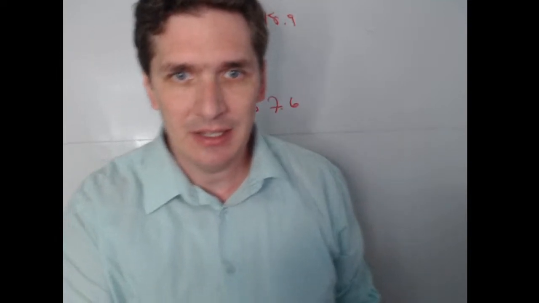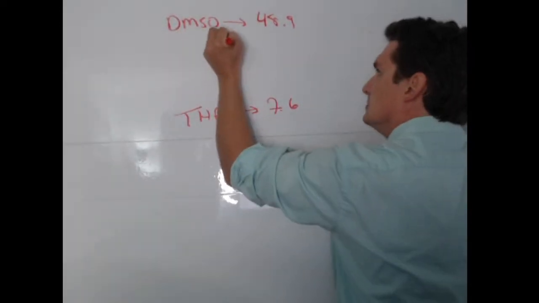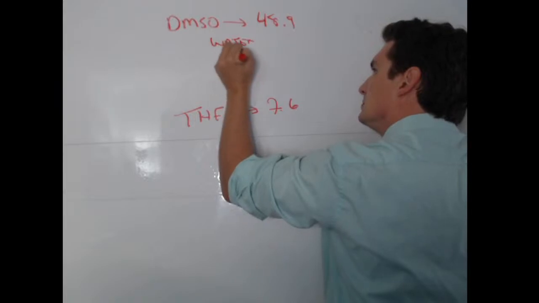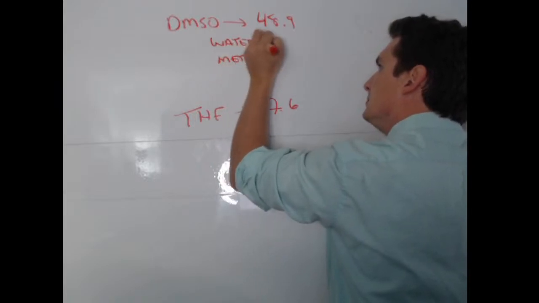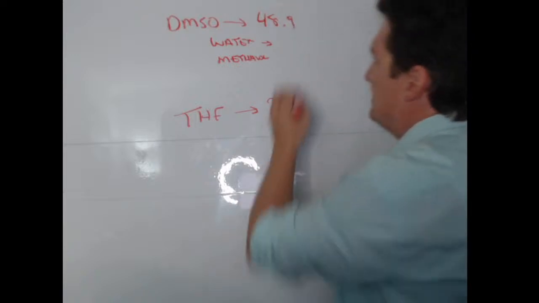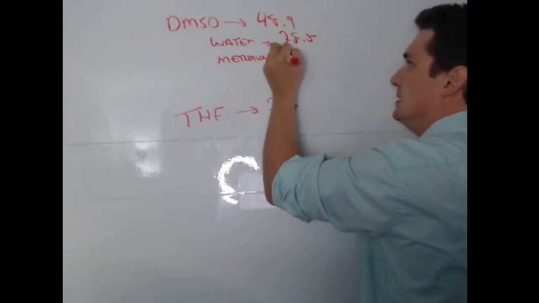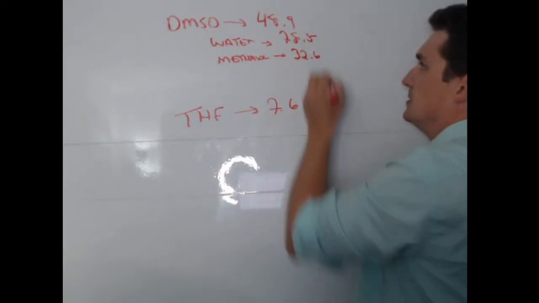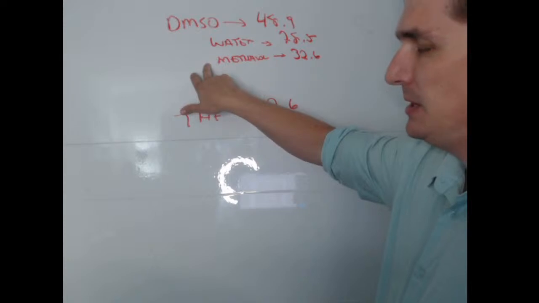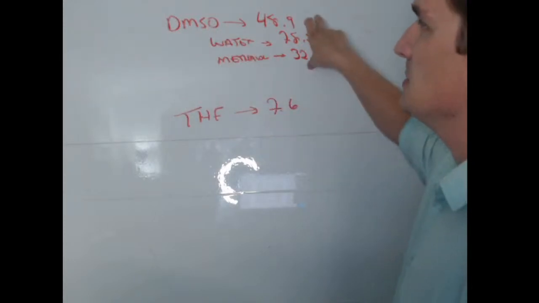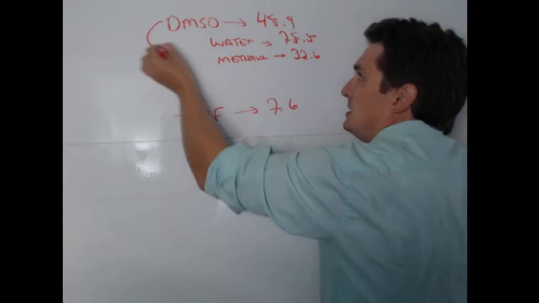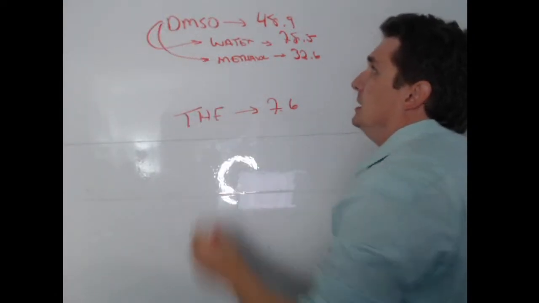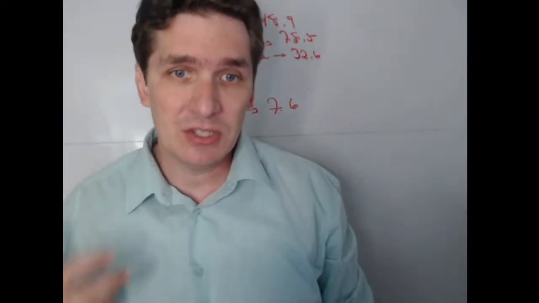Well, if we look at something like water versus methanol, water here sits at 78.5 and methanol sits at 32.6. Both of these have pretty high dielectric constants, and DMSO sits between the two of them. So I'm going to say that DMSO is going to act kind of like water and methanol. It has a very good ability to stabilize charges.